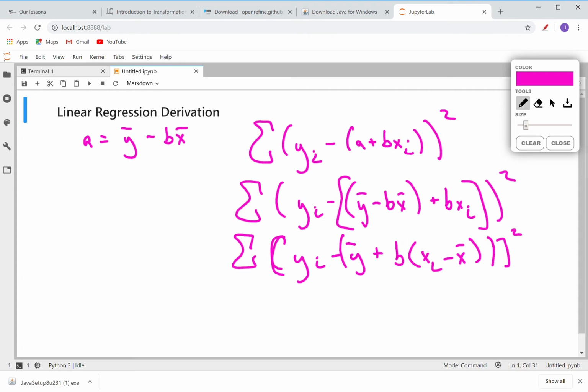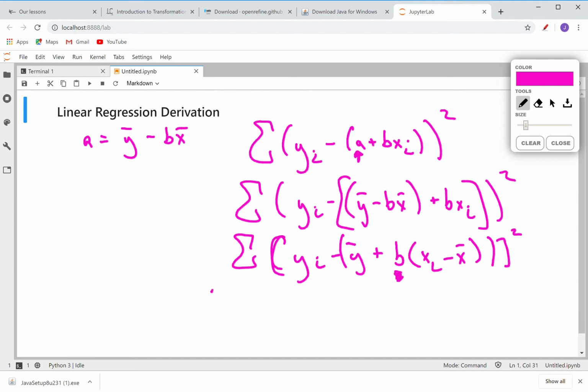Then we'll take the derivative, set it equal to 0, and solve. Again, all I've done here is revisit my original expression and pump back in what I found about a, in order to only have it in terms of b and things that we know. We know y bar, we know x bar, we know x_i, we know y_i, so I've only got one free variable here. It's just this b.